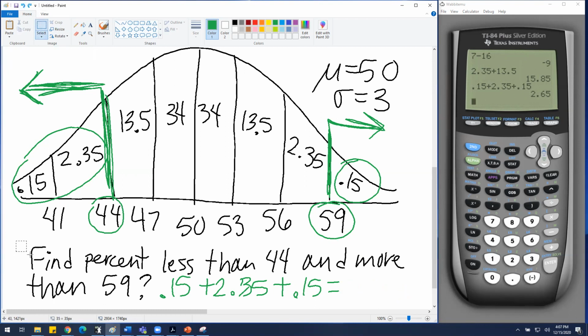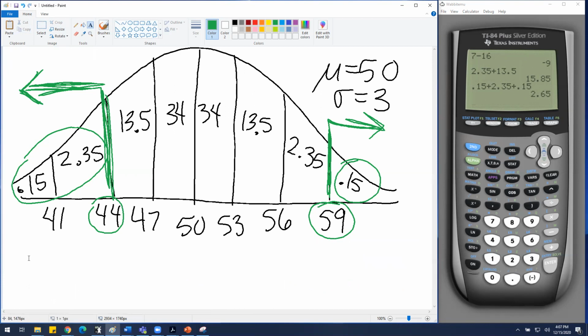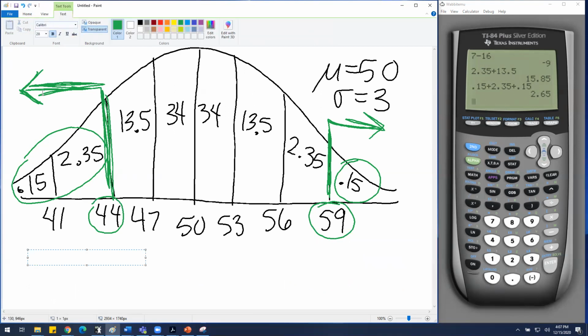They could ask the question, what values are between 1 standard deviation?